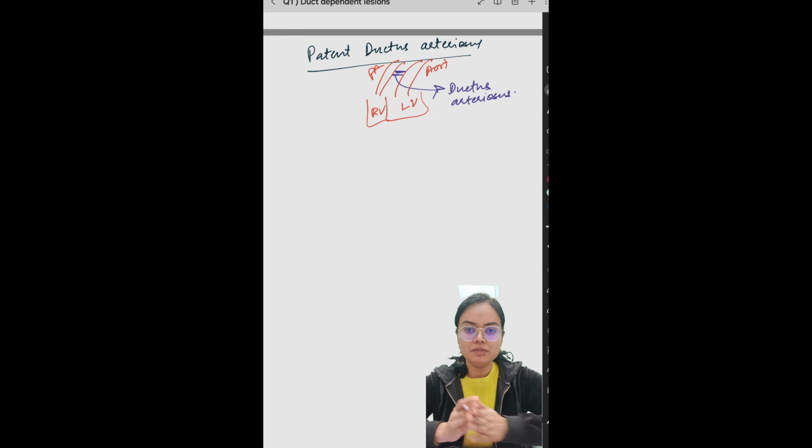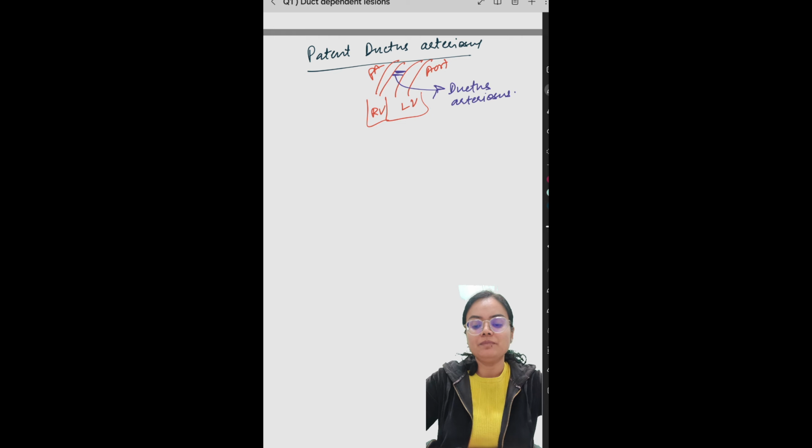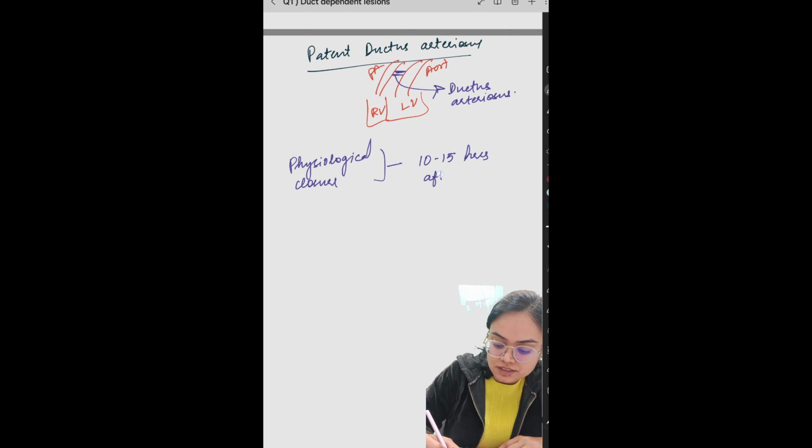But as soon as the baby is born, these ducts are closed because that is a normal physiology. So physiological closure of these ducts occurs at 10 to 15 hours after birth. And anatomical closure occurs at 10 to 21 days.